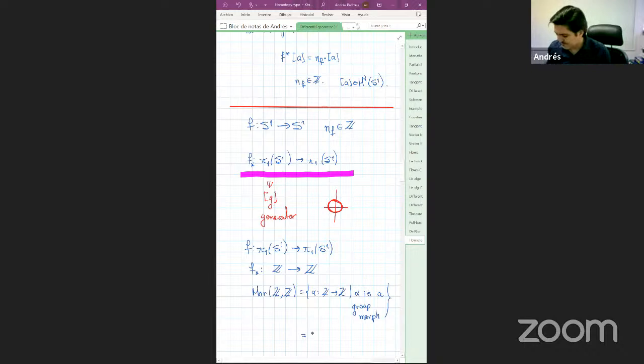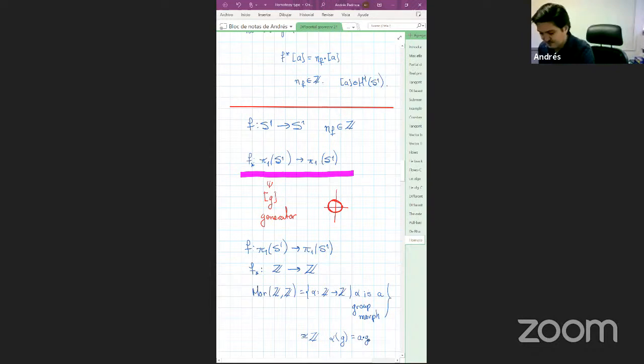Basically, any map alpha of some group element is going to be a times the generator, so it's G times G times G, depending on the notation.